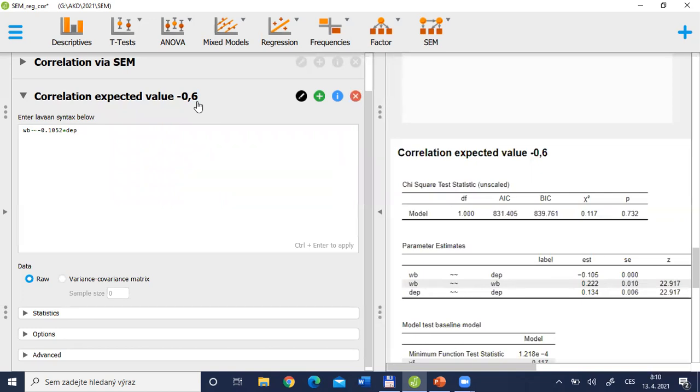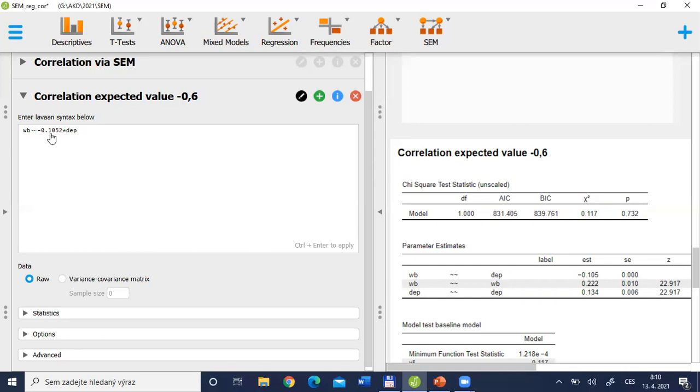From the previous lecture, you know that correlation and covariance are closely related. So if you would like to compute covariance from correlation, you take the correlation and multiply it by the standard deviation of both variables. So minus 0.6 multiplied by the standard deviation of the first and the second variable, well-being and depression, gives the value of covariance, and this covariance was approximately minus 0.1052.